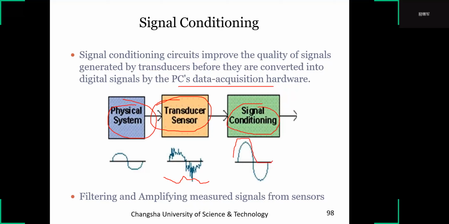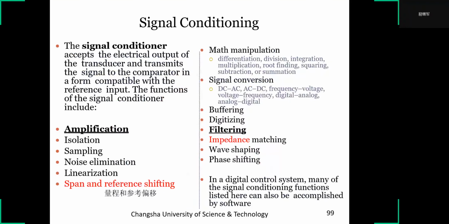Filtering and amplifying the measured signal from the sensor. The signal conditioner accepts the electrical output of the transducer and transmits the signal to the comparator in a form compatible with the reference input.